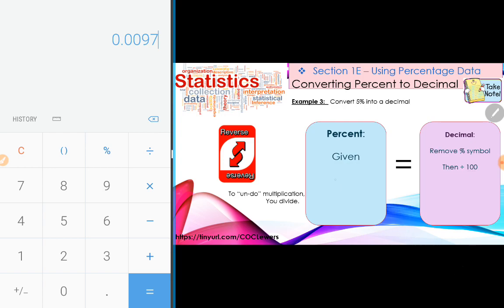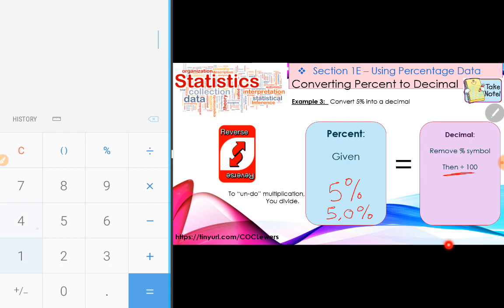Now another example of where moving the decimal gets a little tricky is whole numbers. When I get a whole number like this, some students don't remember where that decimal is, and the answer to that is 5% is the same thing as 5.0%. Those are equivalent. So now, instead of moving the decimal, we're going to think divide by 100.